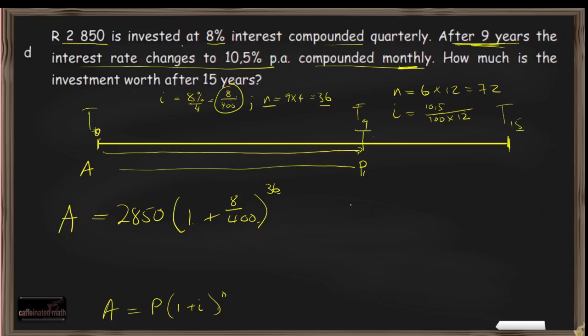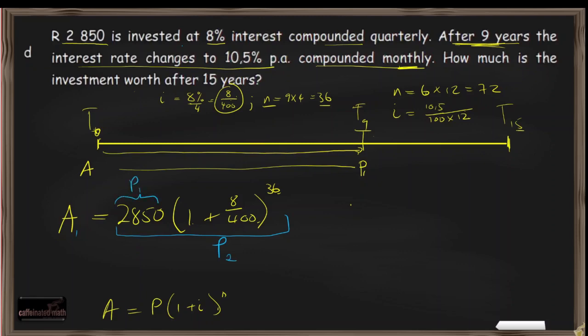we can be efficient about it, and let's be efficient in a different color. We can realize that this calculation gives us a new principal. This is principal value 1.